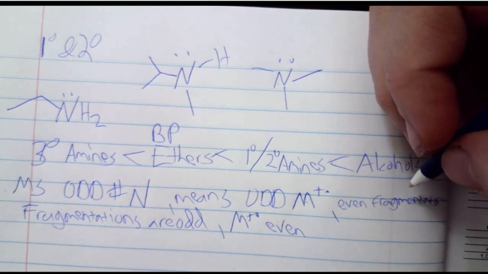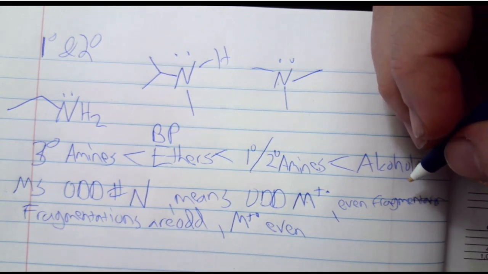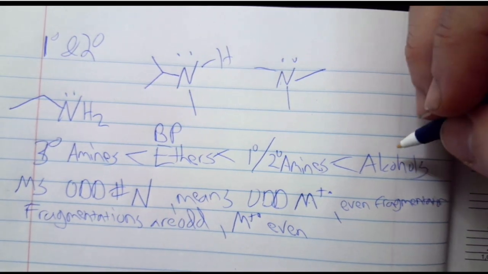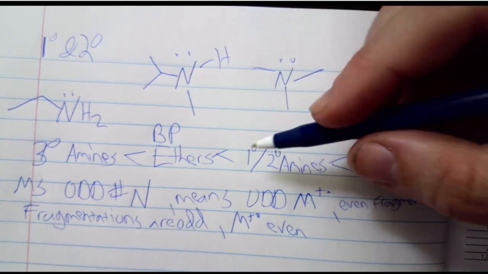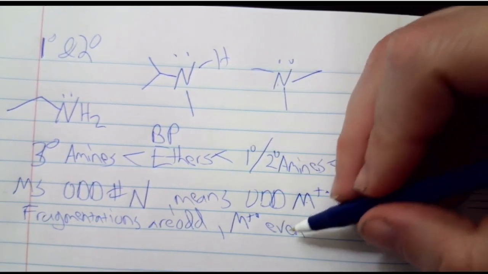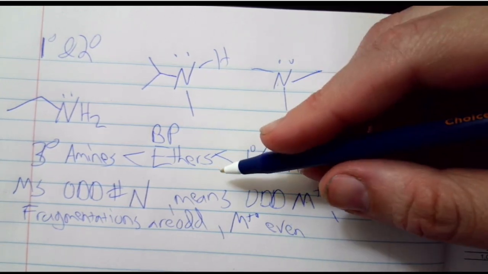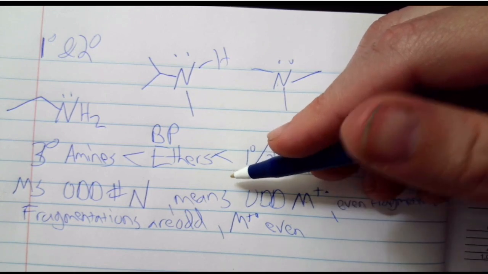But if you subtract even from odd, it still stays odd. The first loss is always the thing. So, okay. That's the only thing you can really take away from mass spec. You can figure out, oh, I have an odd number of nitrogens. But that usually means 1.